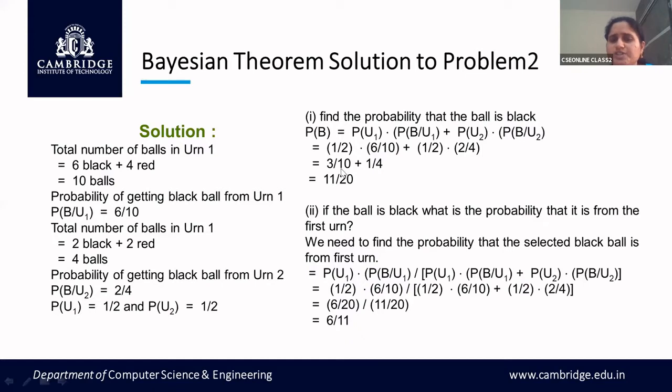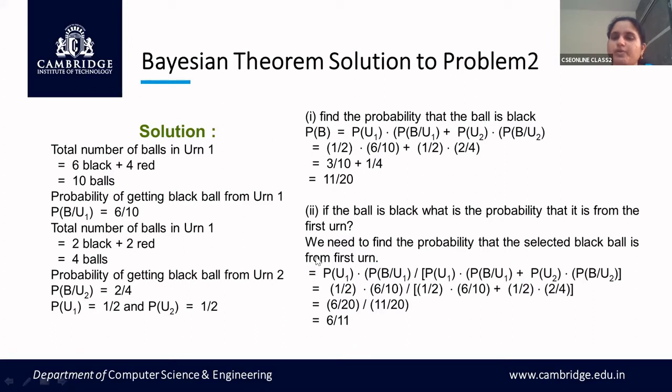So the next question is, if the ball drawn is black, what is the probability that it is from the first urn? So how many of the total 11 times a black ball is drawn are from urn 1?